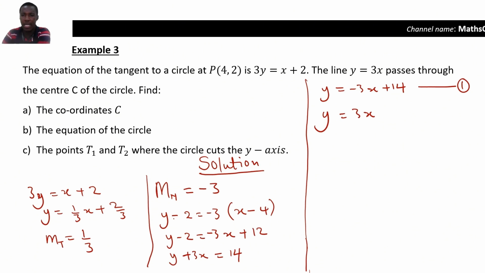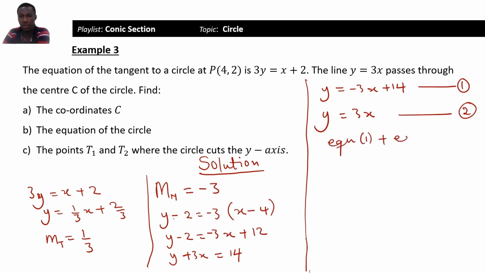So when we find their point of intersection, we will get the coordinates of the center of the circle. So let's solve simultaneously. I'll add equation 1 plus equation 2.